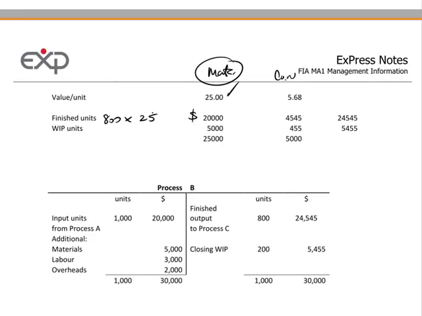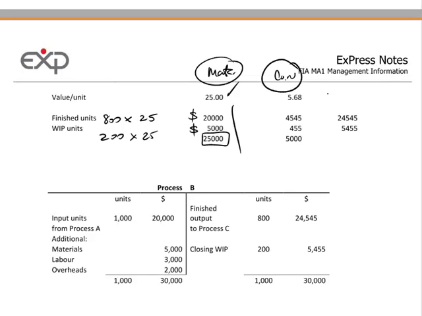For the WIP units, we also multiply 200 units times $25 to obtain $5,000. So now we've got a breakdown of the $25,000 between the WIP units and the finished units. That's the easy part because they're 100% complete.